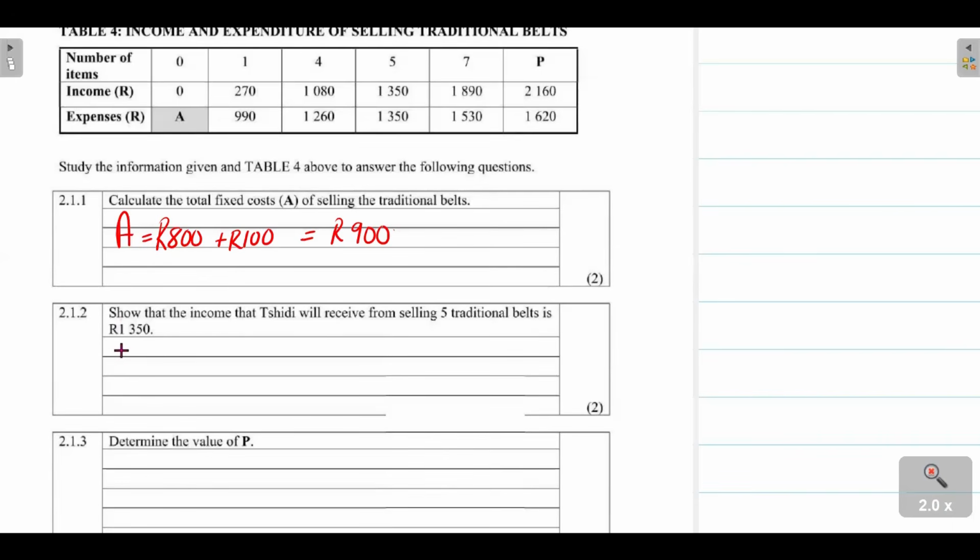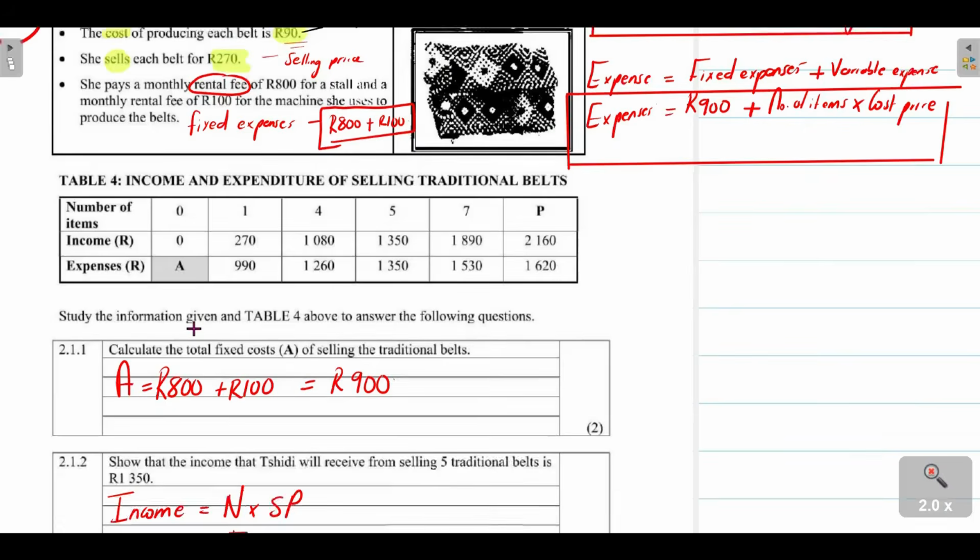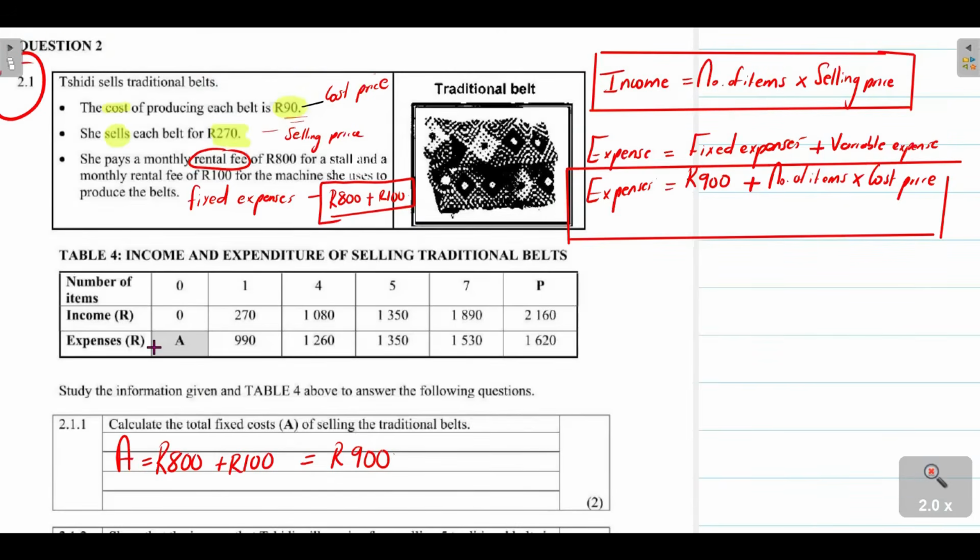Good. So remember we said that the income is equal to number of items, N, multiplied by selling price. How many items? They said 5. So I'm going to take 5 belts multiplied by the selling price for one belt. Is it 90 rand?